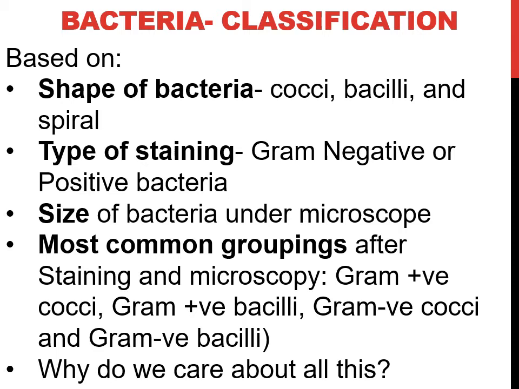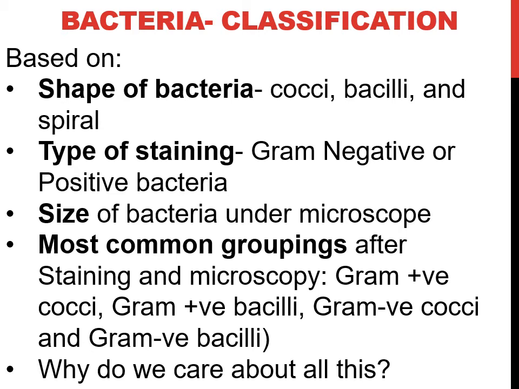The staining that we're going to talk about in an upcoming slide. So when we put a stain on the bacteria, it's either going to stain gram-positive or gram-negative. And we'll talk about that in detail in an upcoming slide. The size of the bacteria can help us determine what kind of bacteria it is.